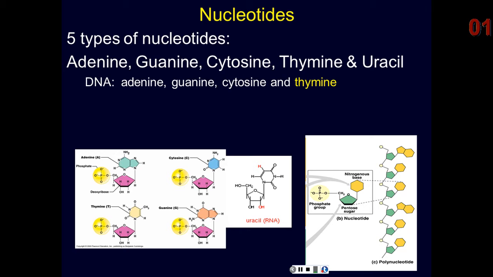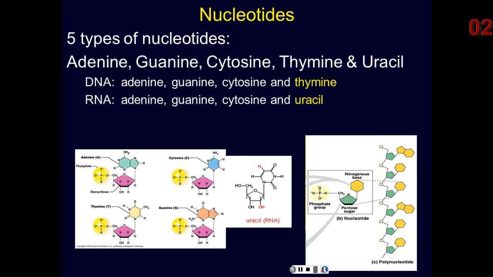We find 4 of these also in RNA: adenine, guanine, cytosine, and uracil. Notice that thymine and uracil are in yellow. I've done that to emphasize that DNA and RNA contain the same nucleotides except for those. In RNA, the thymine has been replaced with uracil.